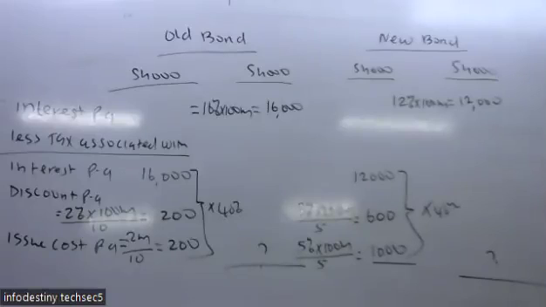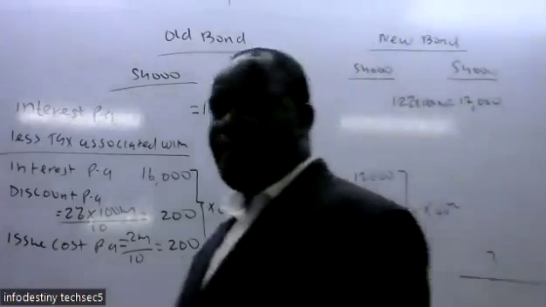Because the par value for the 2 bonds were the same. They were all 100 millions.